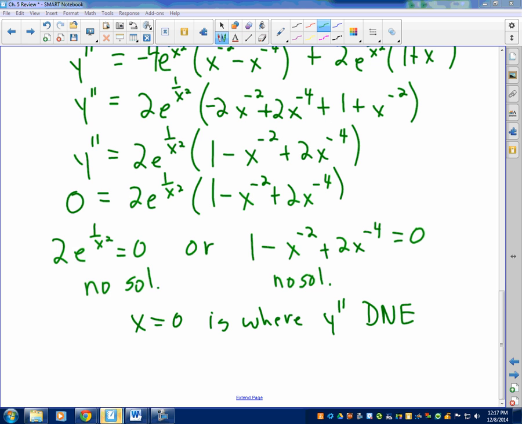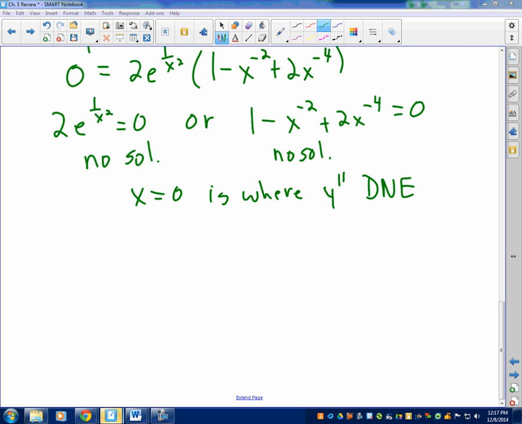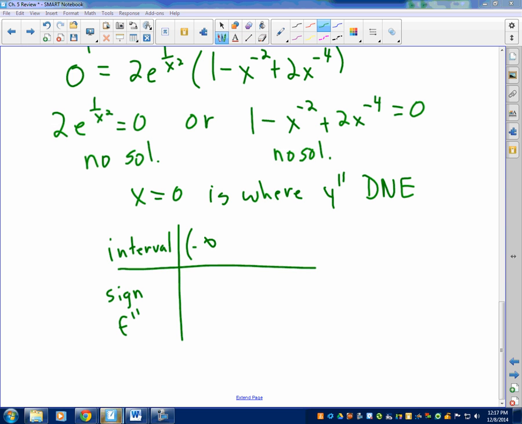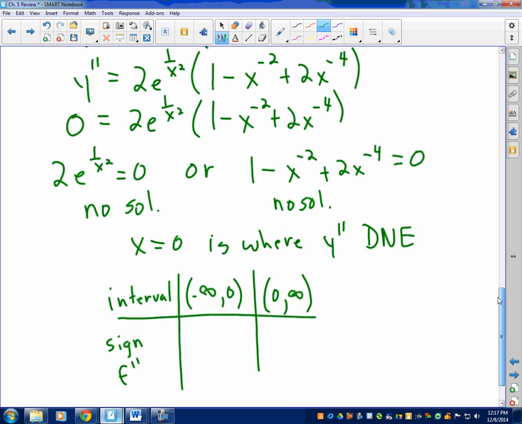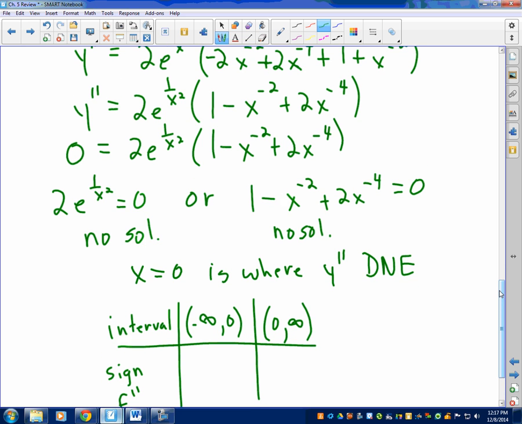So we still need to break up our table into two intervals. This is the interval here. This is the sign of f double prime, or y double prime. It's going to go from negative infinity to 0, and then 0 to infinity. And we're going to plug in values, probably negative 1 and 1, into my second derivative up here and see what happens.